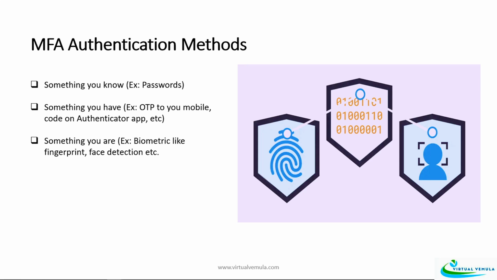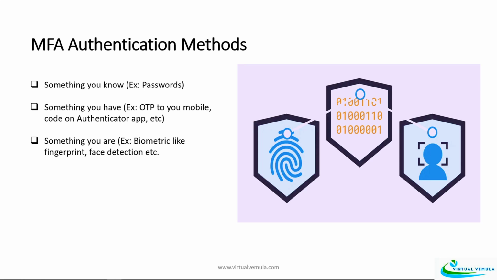And the other authentication method is something you have. Maybe you get a notification to your email address, or maybe you get a notification to your mobile number, or to some app. So all these fall under the something you have category.